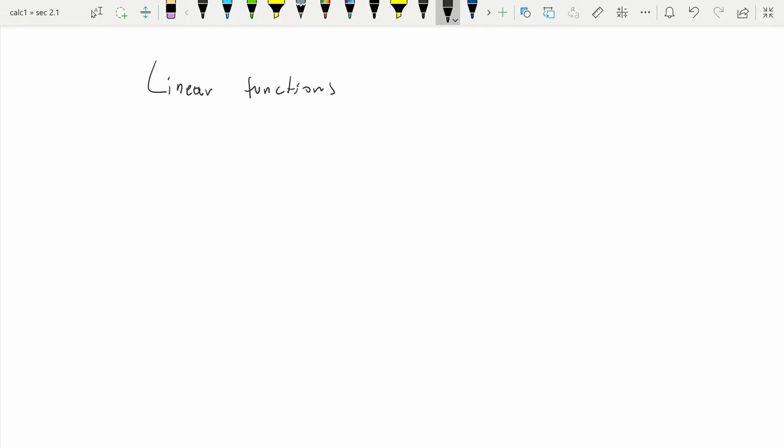functions. In reality, they are really called affine linear functions.